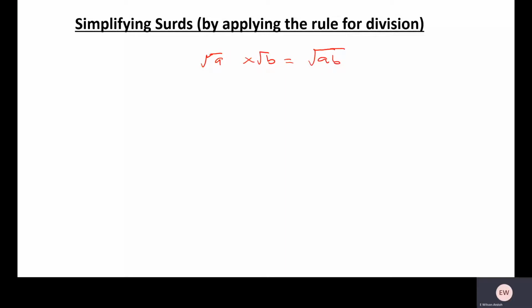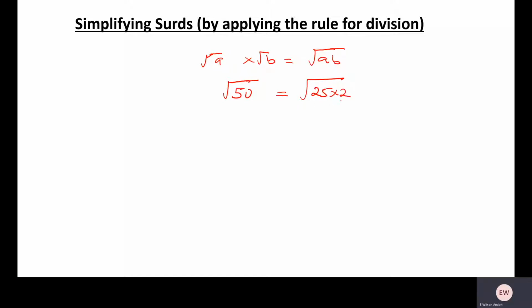So if you are asked to simplify root 50, you think of a square number that is a factor of 50. And that square number in this case is going to be 25. So we can write root 50 as root 25 times 2.